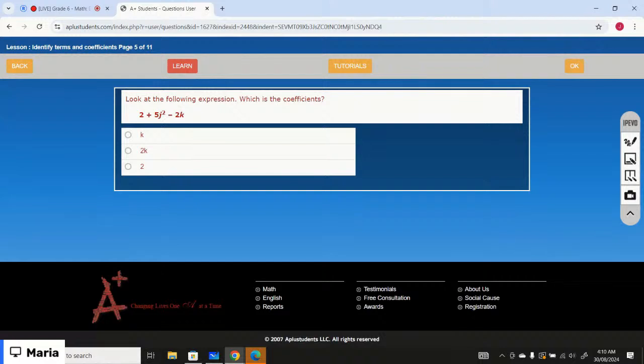Look at the following expression, which is the coefficients. 2 plus 5j square minus 2k, which is the correct option.